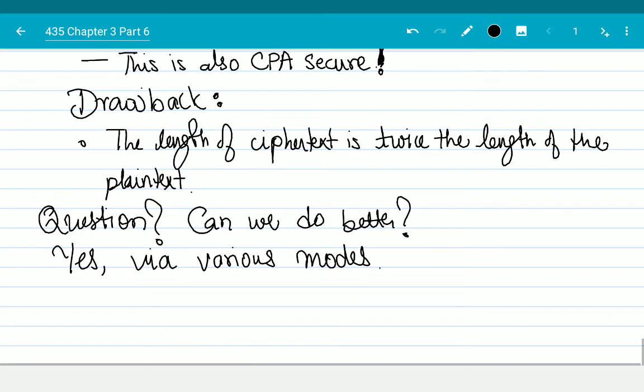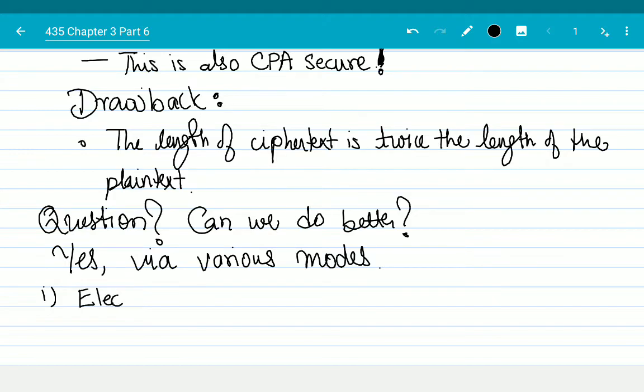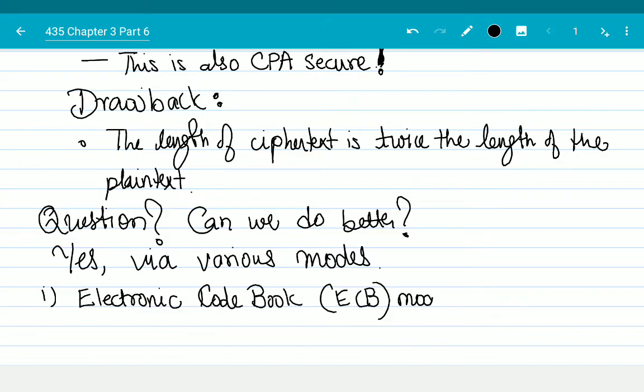Let us first see something that does not work: electronic code book, ECB mode.